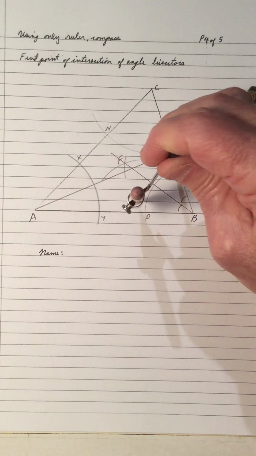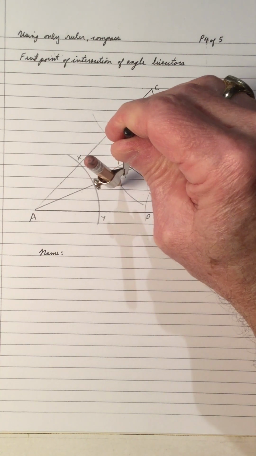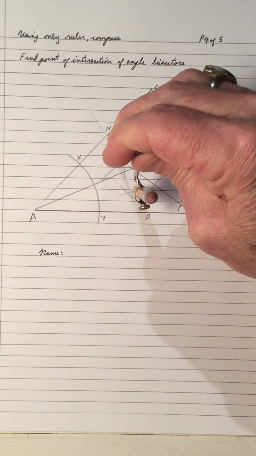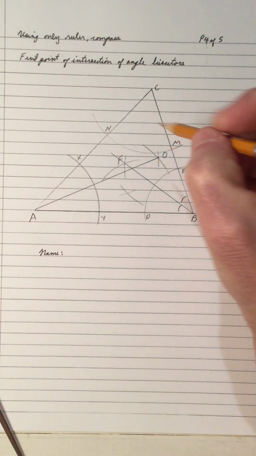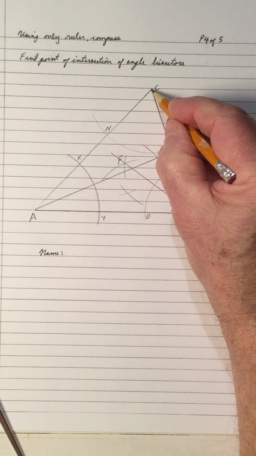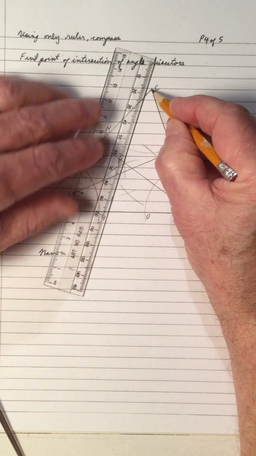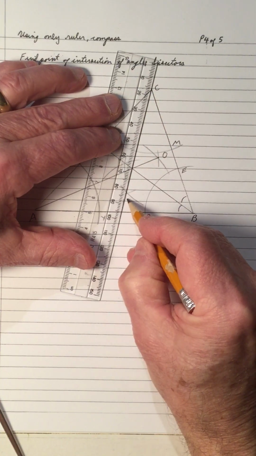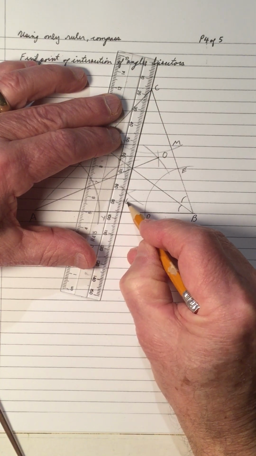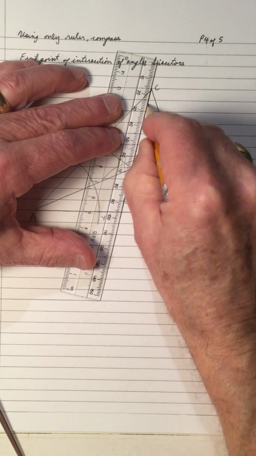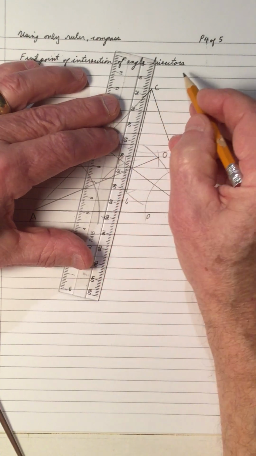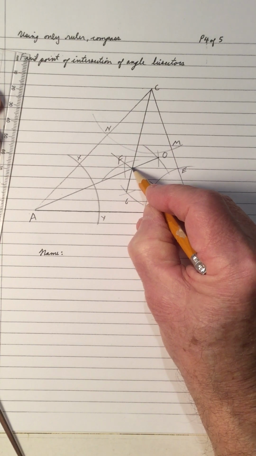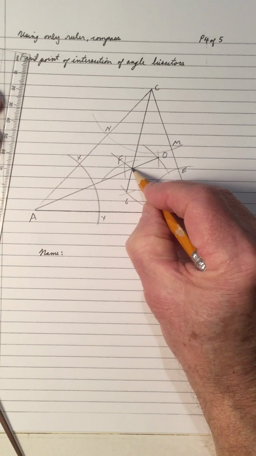So at M, draw an arc. At N, draw an arc with the same radius, and join them up. And when I do, I have another angle bisector from C to this point. Let's call this point G. There we go. Notice all 3 are meeting right here. So let's call this point W.